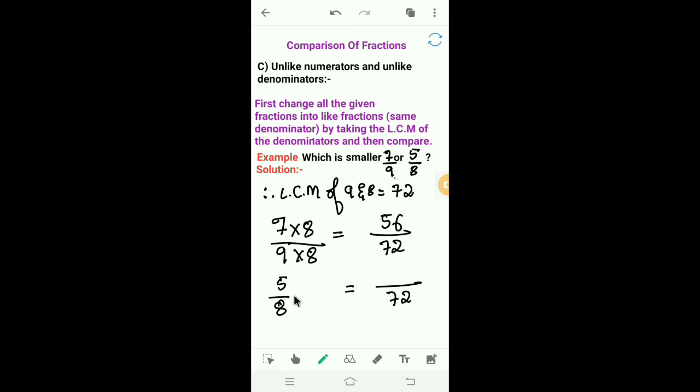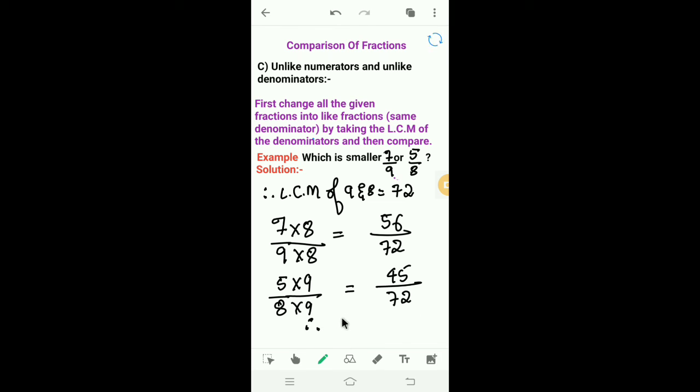So we have to multiply numerator and denominator by 9. 5 9s are 45. 8 9s are 72.